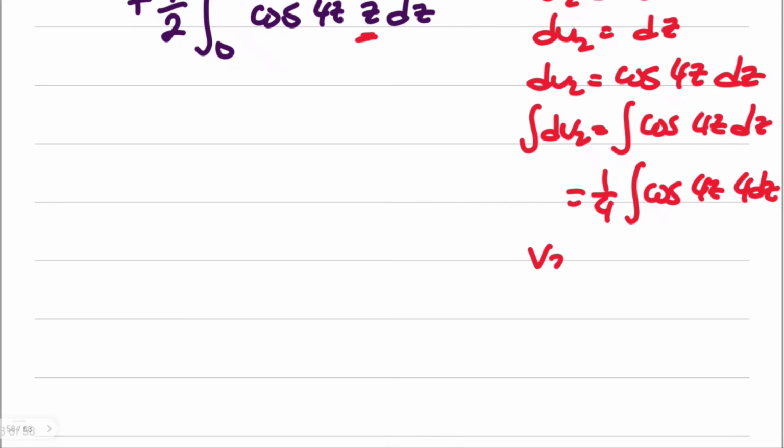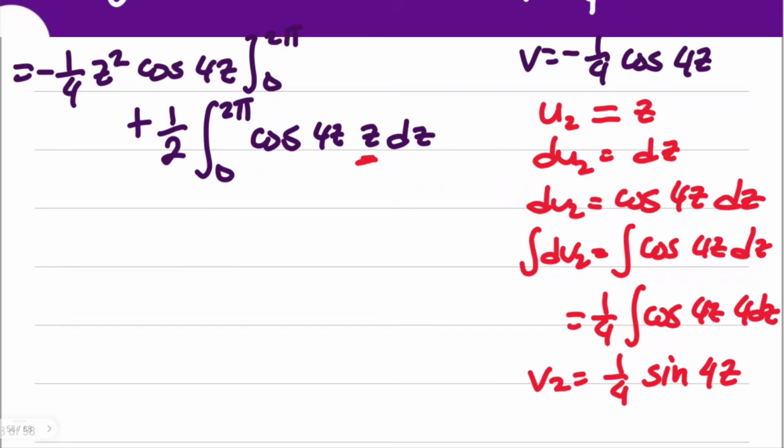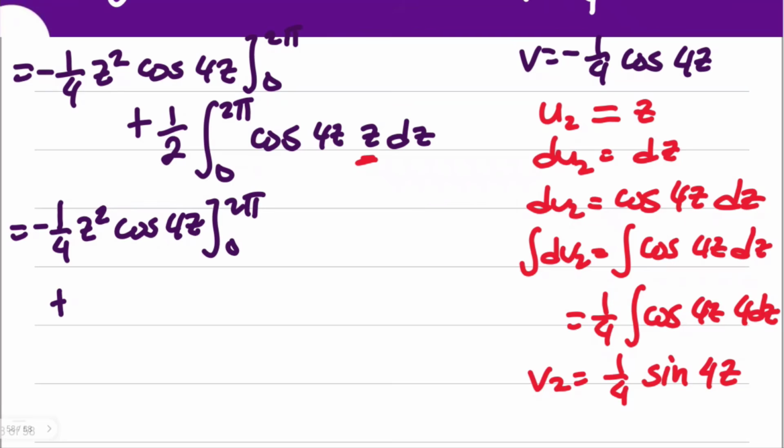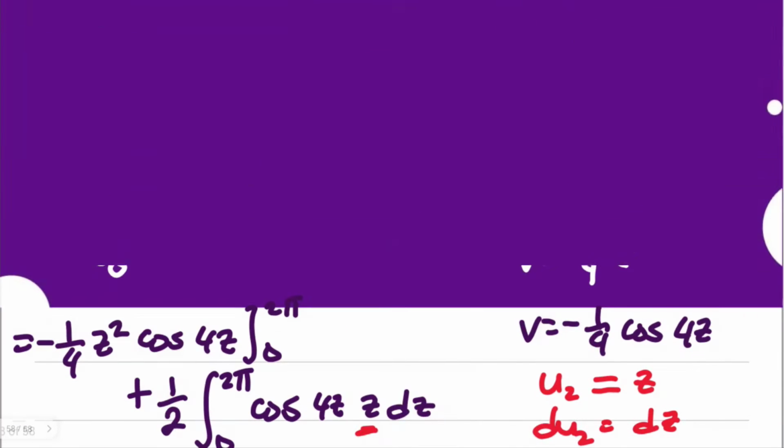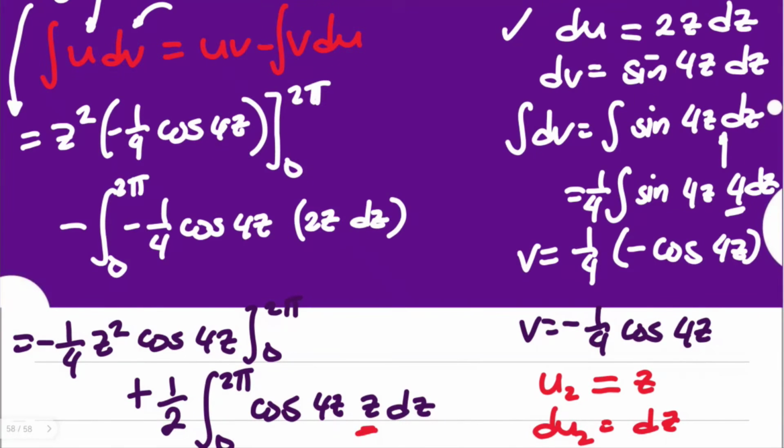This means your v sub 2, now that is good, it follows cosine u du, is 1/4 sine 4z, since the integral of cosine 4z is sine 4z. That's the item we need to introduce here. Now, take note, the first term would still be negative 1/4 z squared cosine of 4z from 0 to 2 pi. You have here plus a factor of 1/2. Please do not forget that. And then your u, because it follows uv minus the integral of v du.